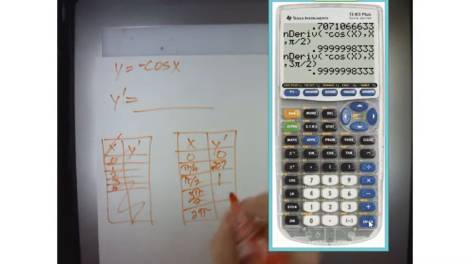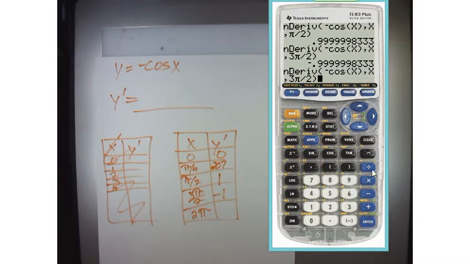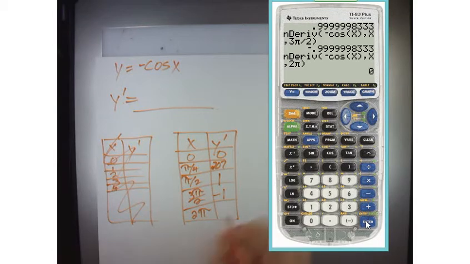That one looked like negative 1. Now I'm going to do this again, second entry, and plug in 2 pi. Then delete this, and this, and this. I can fix that though. And I get 0.